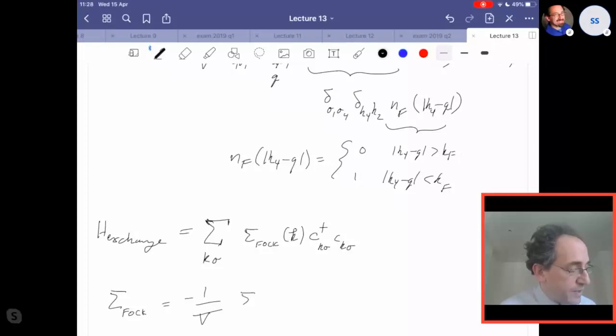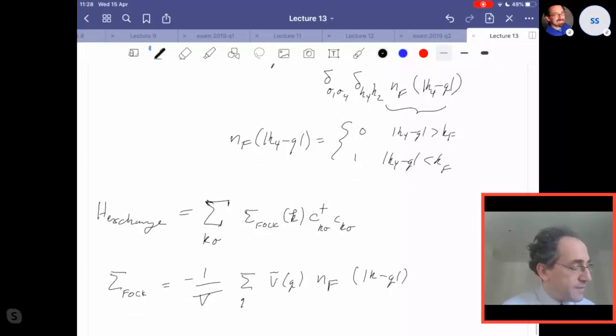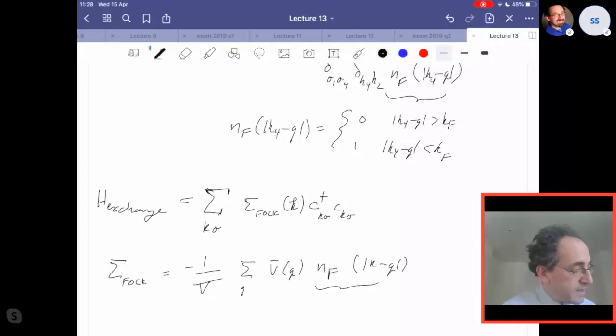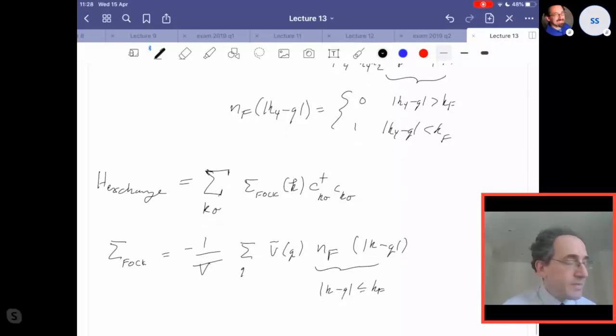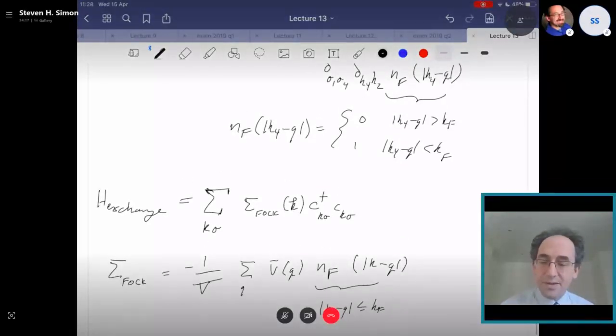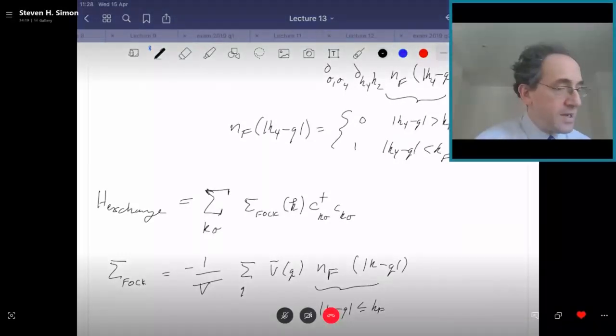It will be sum over Q, V twiddle of Q, the interaction in Fourier space, and then the Fermi function, which requires that K minus Q is less than K_F. So write that: K minus Q, absolute value, must be less than K_F. Okay, so now I can put myself back up in this corner.